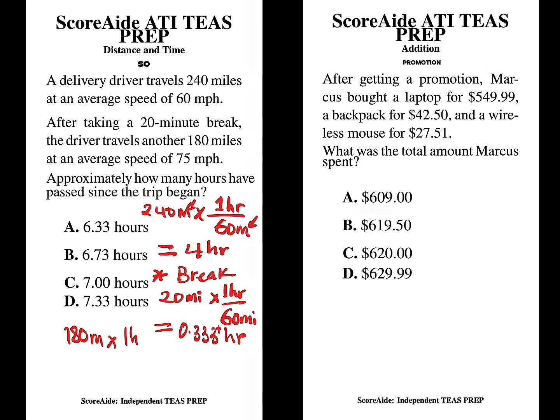Now, he traveled another 180 miles. The average speed here was 1 hour, approximately equal to 75 miles. So this gives us 180 divided by 75, which is equal to 2.4 hours. So the total hours here is going to be 4 plus 0.33 plus 2.4.